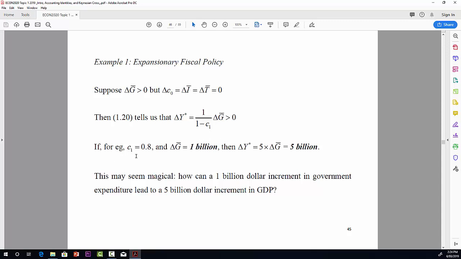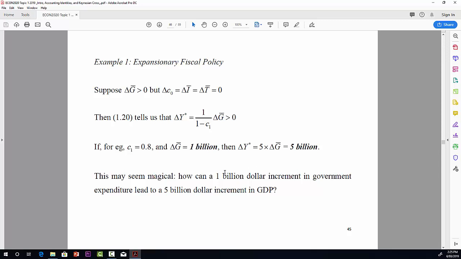If C1 is equal to 0.8, then 1 minus C1 is equal to 0.2, therefore 1 over 0.2 is equal to 5. So in that example, when C1 is equal to 0.8, change in y star is equal to 5 times change in G bar. It's saying if you increase government expenditure by $1 billion, then equilibrium output increases by $5 billion.